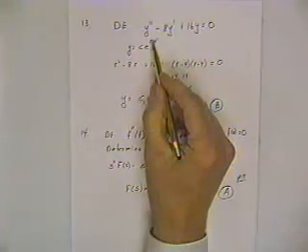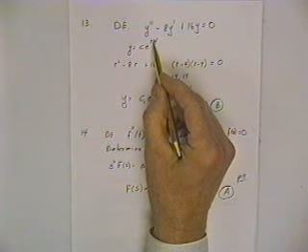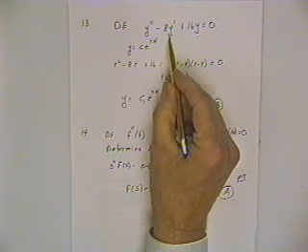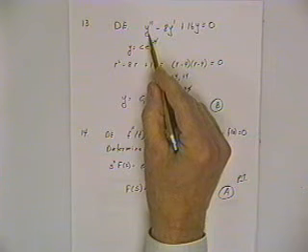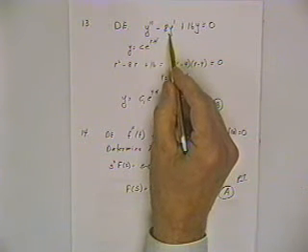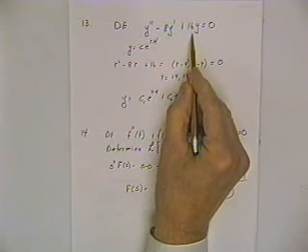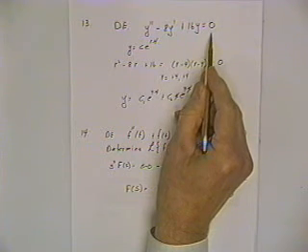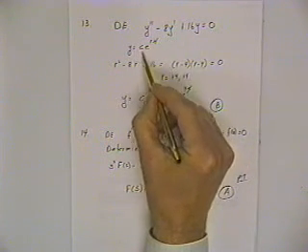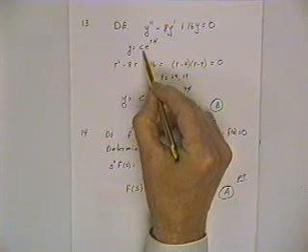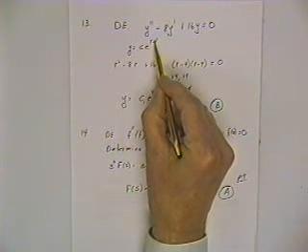Here's another problem. What is the general solution of the following differential equation? y double prime minus 8y prime plus 16y is equal to 0. Using the technique of the book, y is equal to a constant times e to the rx.